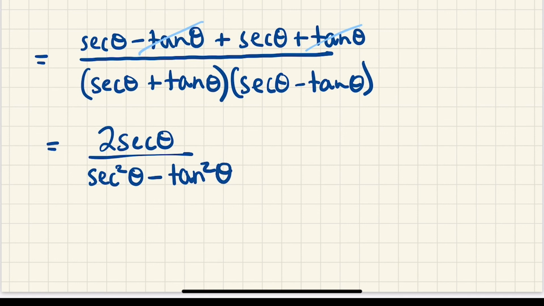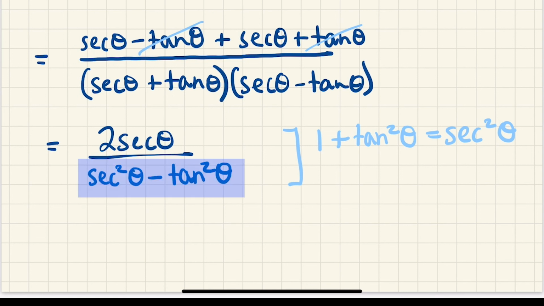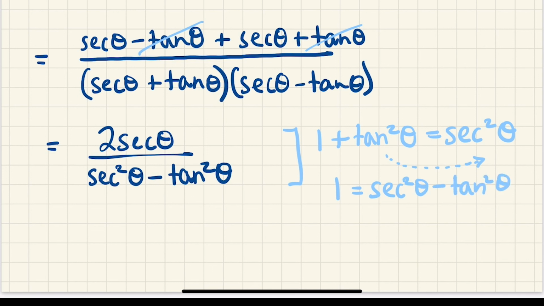Okay, well, secant and tangent play very well together in the I tan secretly identity. We know that 1 plus tangent squared is secant squared, right? I tan secretly. So what is secant squared minus tangent squared? Well, we could build that by moving the tangent squared to the right-hand side there. We'd get 1 is equal to secant squared minus tangent squared.